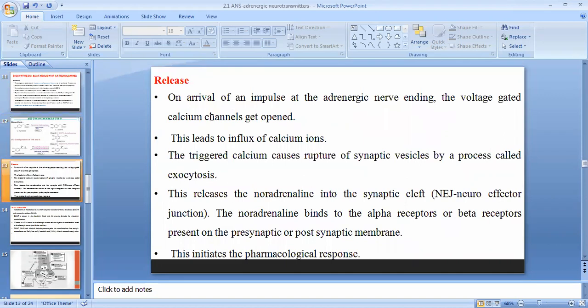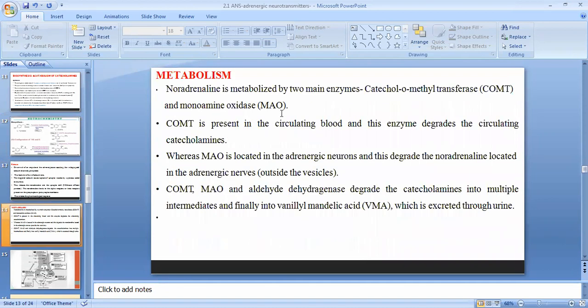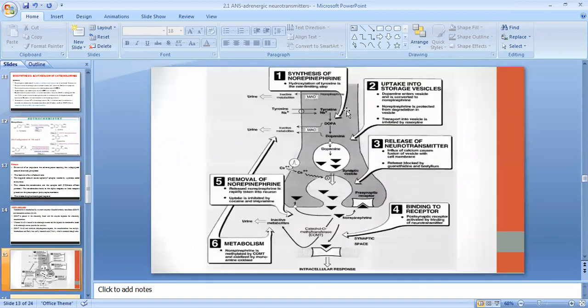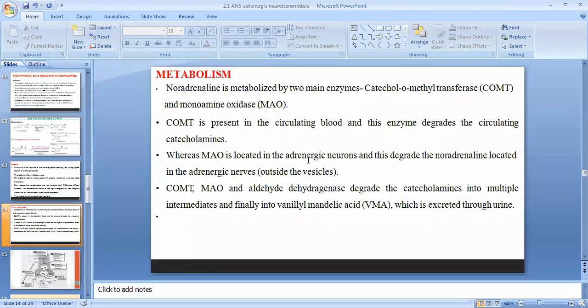Now, how are these neurotransmitters released at the nerve ending? See, this is the nerve. Here the synthesis of neurotransmitters is done, and these neurotransmitters are released at the first nerve endings to carry the impulses.